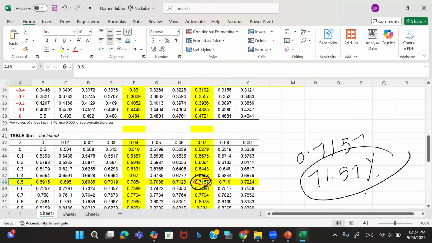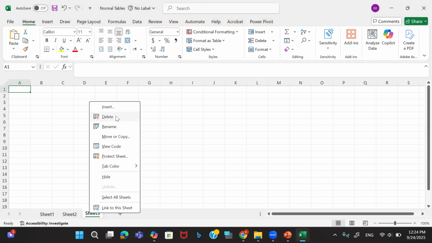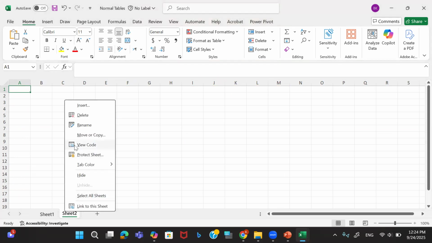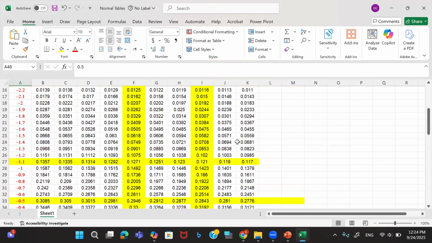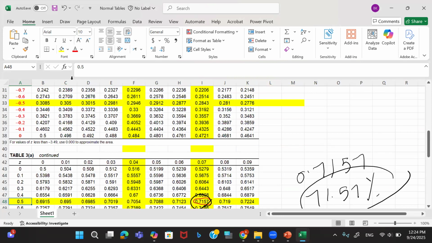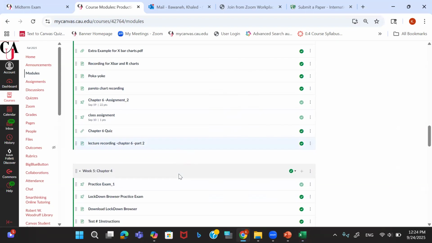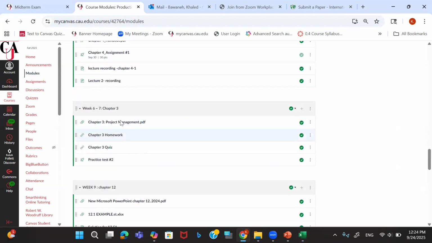Let me put this table on the class website, I'm sure I have it somewhere.